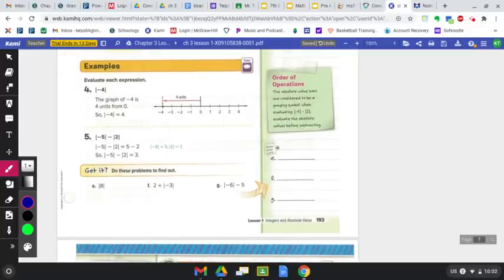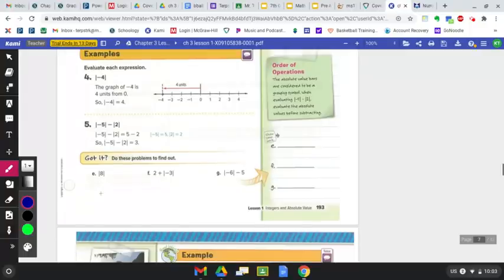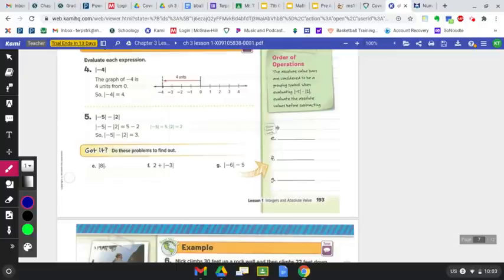All right, so we're going to look at some examples with both just what is the absolute value of a number and then also using it in operations. Okay, so absolute value of 8 would just be 8. It's positive, it stays positive.